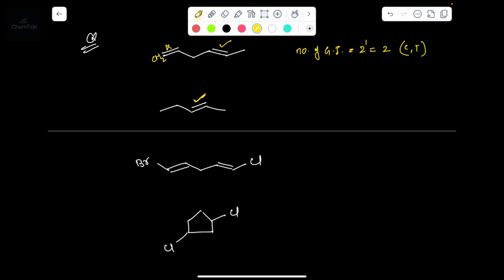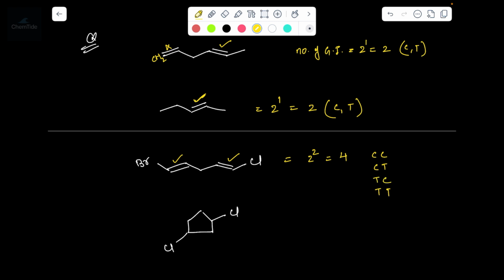Along this double bond GI is possible, different substituents, so this should be 2 to the power 1 and that should be 2, cis and trans again is possible, and both molecules are unsymmetrical. This is also unsymmetrical, and both the double bonds are showing the geometrical isomerism. So we have 2 to the power 1 times 2 to the power 1, means 2 to the power 2. So the answer should be 4. So we could have cis-cis, cis-trans, trans-cis and trans-trans. These are the 4 possibilities we have.